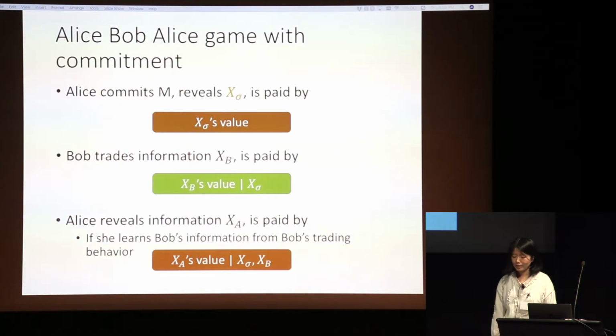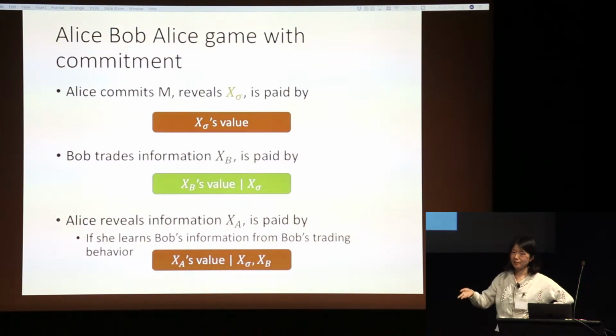So basically, for this scheme, in the first stage, Alice is going to be paid the value of her non-signal X sigma. And in the second stage, Bob is going to be paid his private information's value, conditioning on Alice's non-signal. And in the last stage, if Alice can learn Bob's information from Bob's trading behavior, there is still some information monotonicity here.